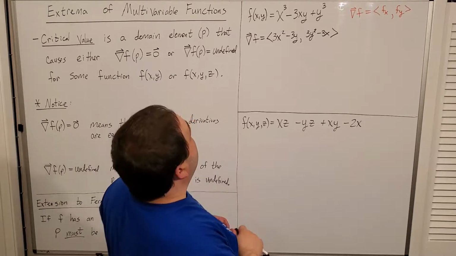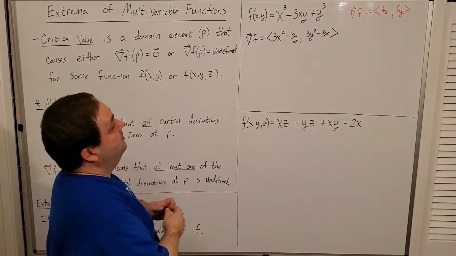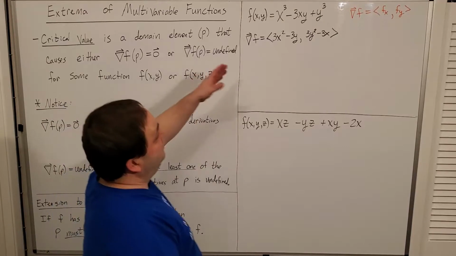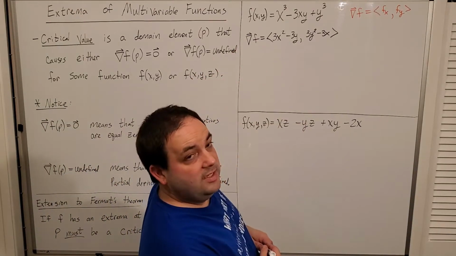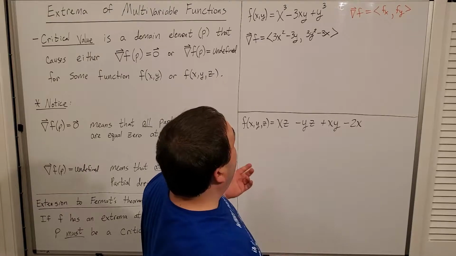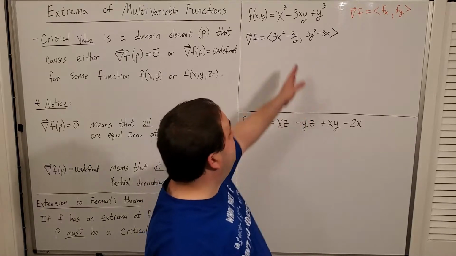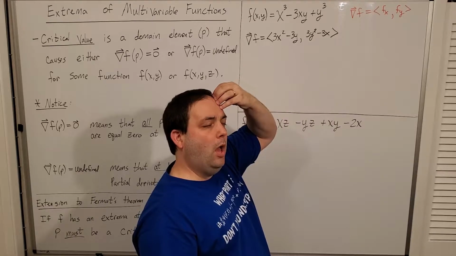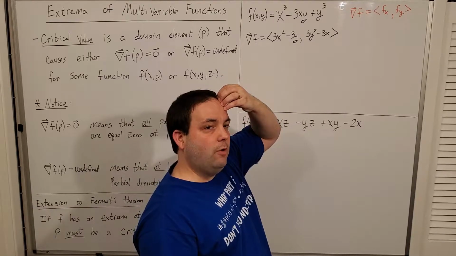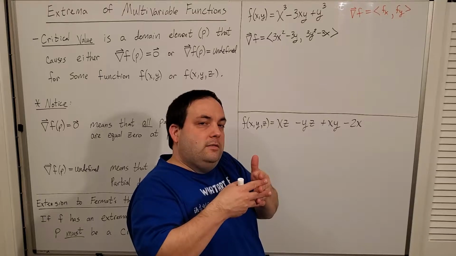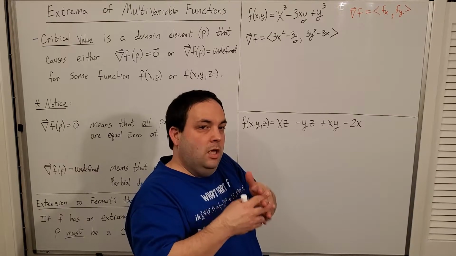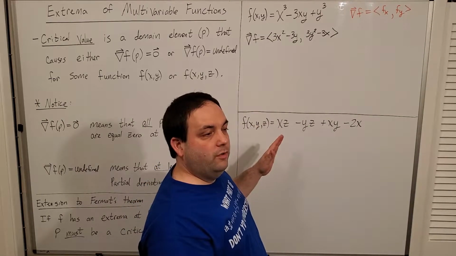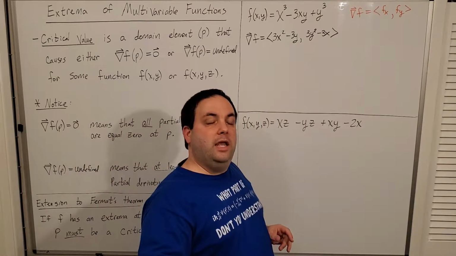Now what I want is the critical points. So I'm going to set this equal to the 0 vector. And by doing that, what I'm really doing is setting each one of these equal to 0. But you've got to keep in mind, I'm setting them equal to 0, but they're intertwined. They're working together. So just because I solve one of them doesn't mean I've found an answer.